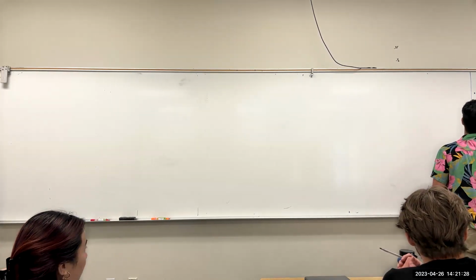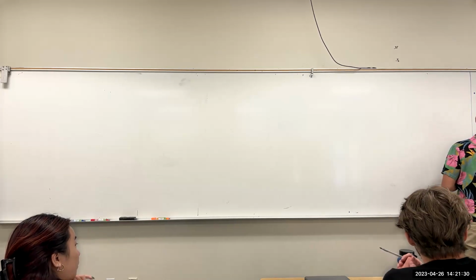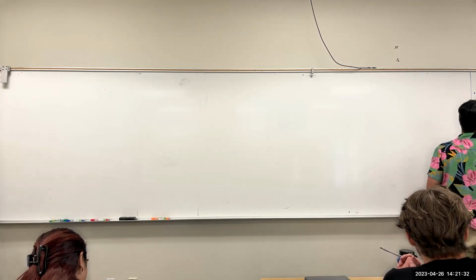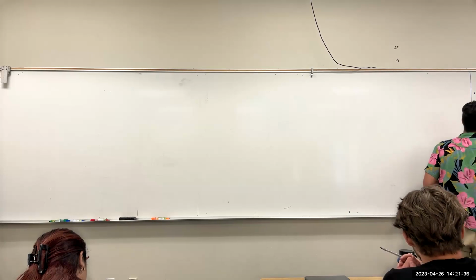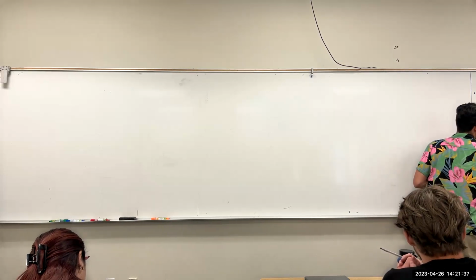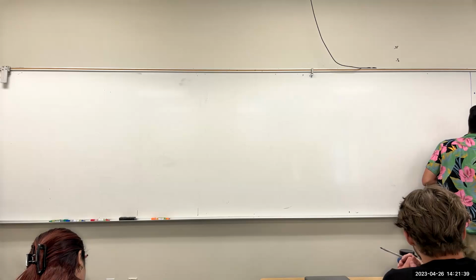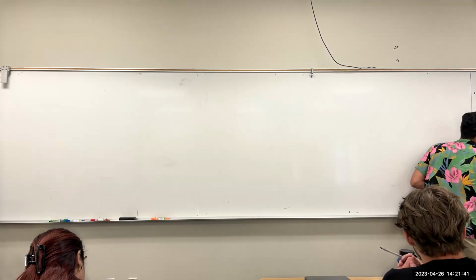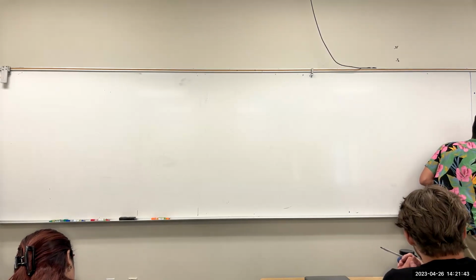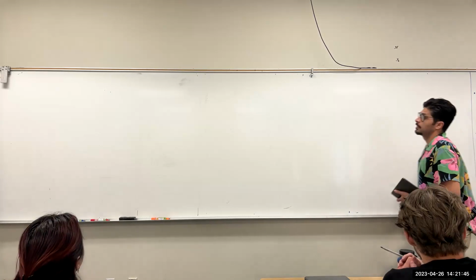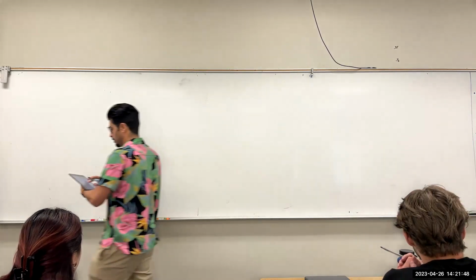They're not going to show up on the video. So we have x equals r cosine theta, y equals r sine theta, and then tangent theta is y over x, and x squared plus y squared is equal to r squared. Just for reference.